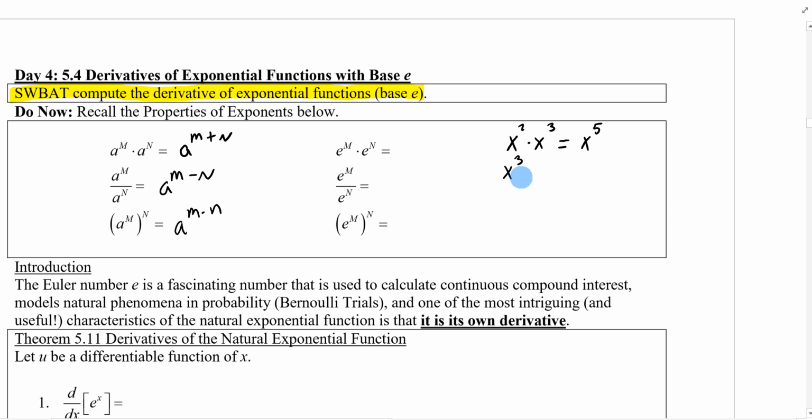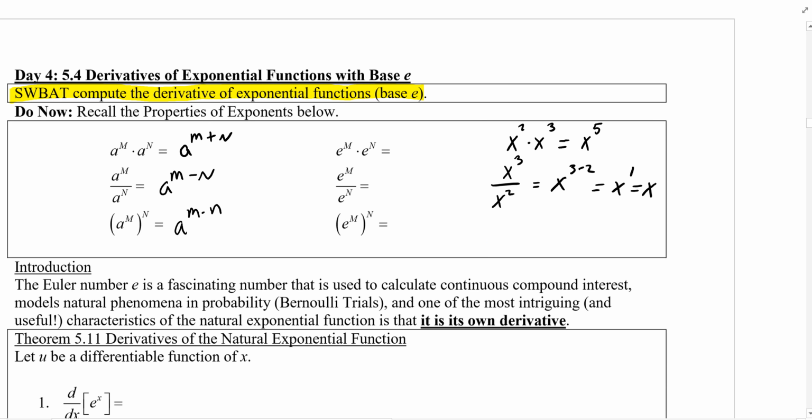Similarly for division, if you have 3 x's on top and 2 x's on the bottom, you only have 1 x on top, which is the same thing as 3 minus 2, and that is x to the first power, which is really just x.